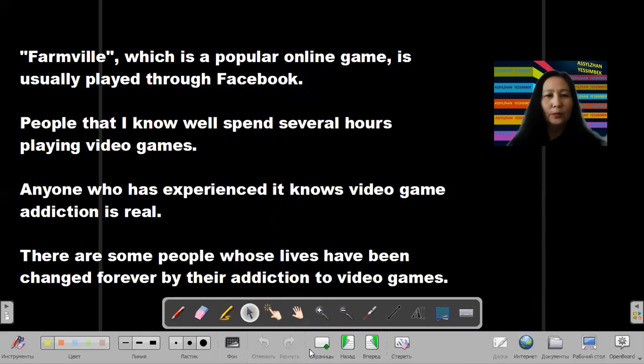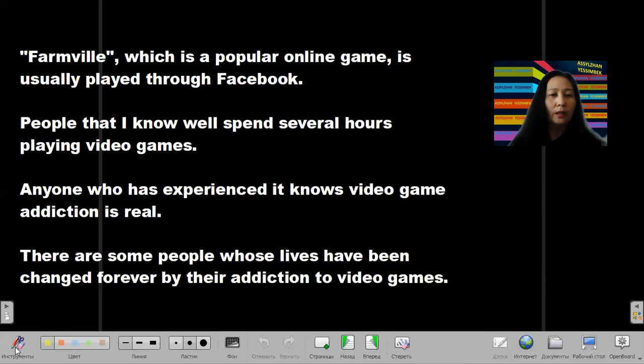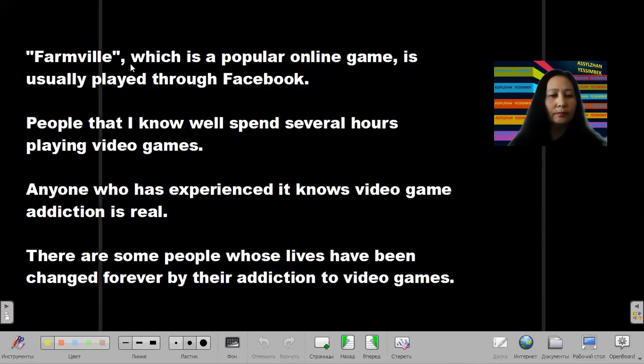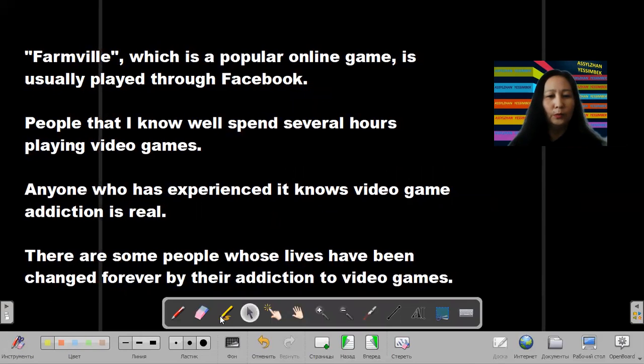So let's continue. Let's find out the pronouns. Farmville, which is a popular online game, is usually played through Facebook. In this sentence, we see the pronoun which.